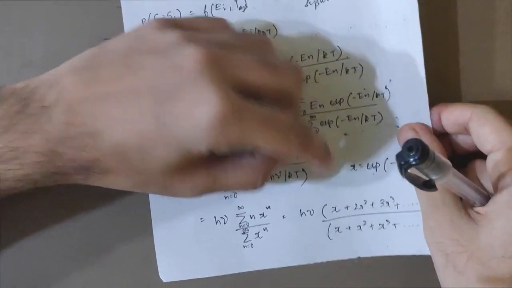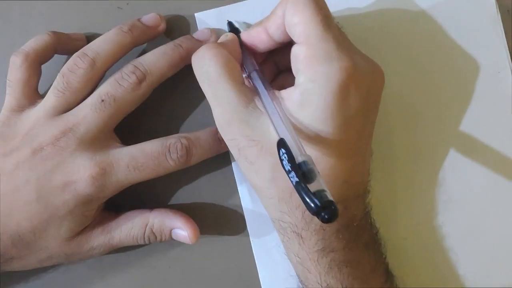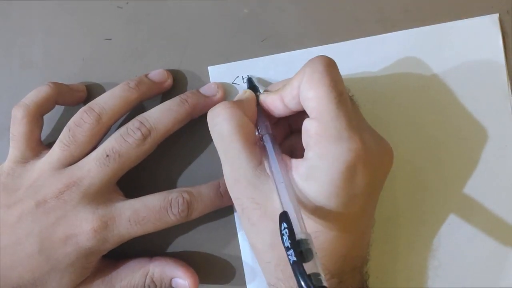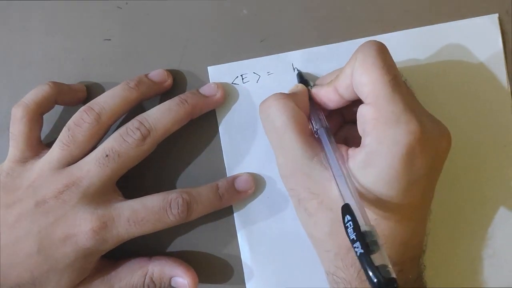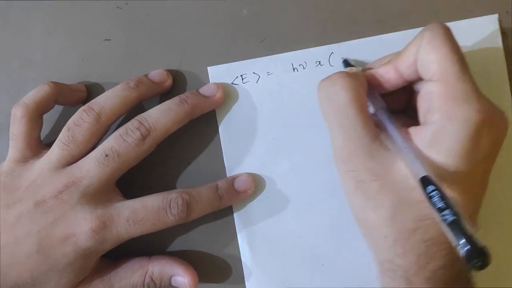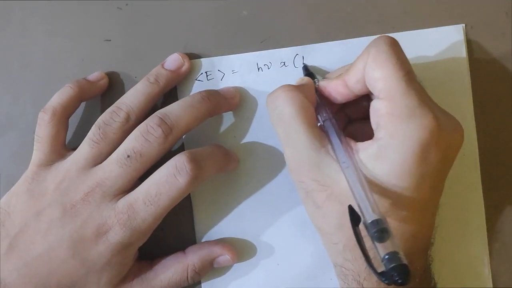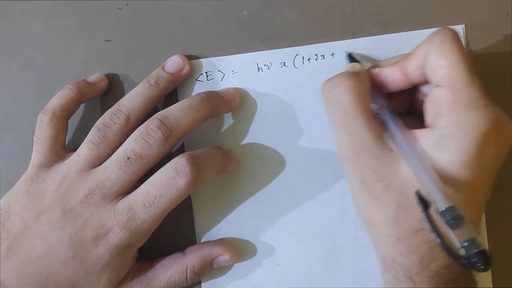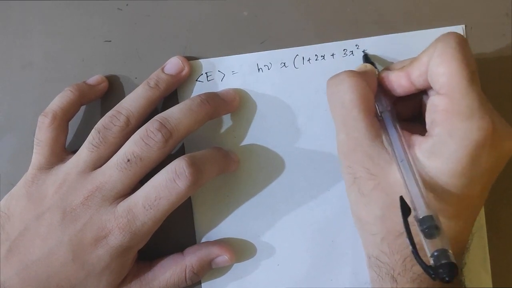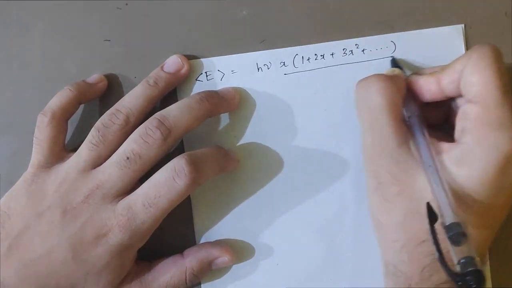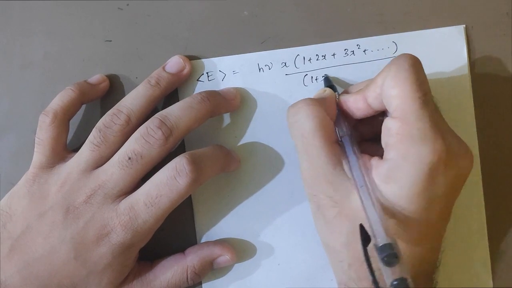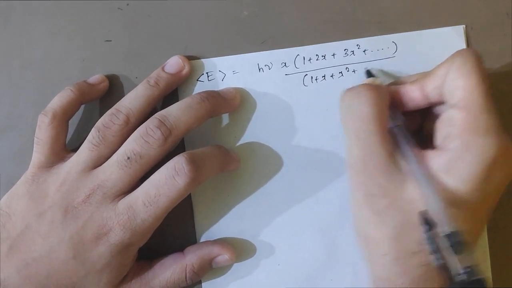Notice that I can take x common in the numerator, so the average value of energy will be h mu times x times (1 plus 2x plus 3x squared, and so on) divided by (1 plus x plus x squared plus and so on).